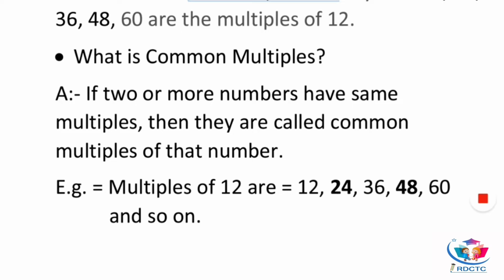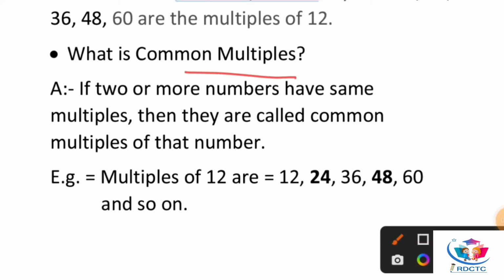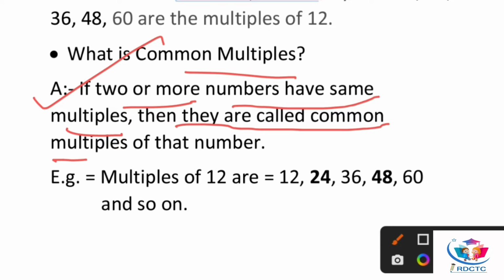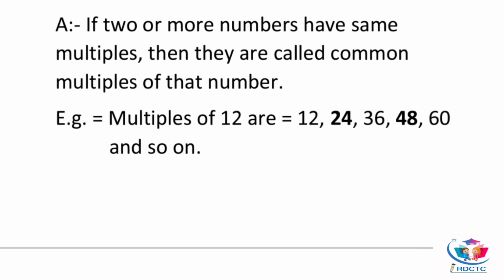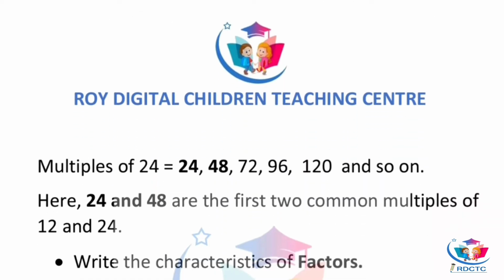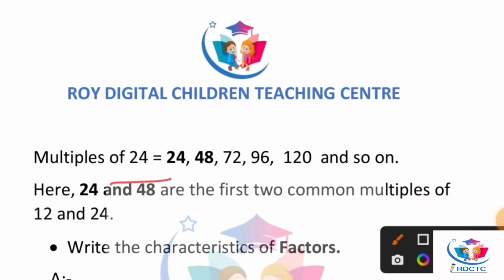Now we see the common multiples, like common factors. If two or more numbers have the same multiples, then they are called common multiples of those numbers. Multiples of 12 are 12, 24, 36, 48, 60 and so on. And the multiples of 24 are 24, 48, 72, 96, 120 and so on.